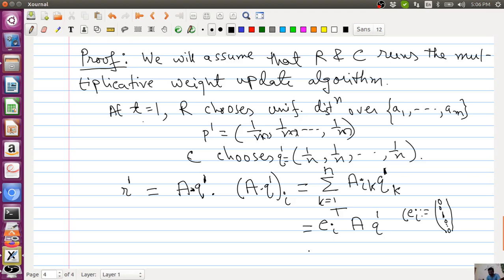So this basically is equal to, in the minimax game that we were considering, the payoff of the row player if the row player plays the pure strategy a_i, small r of i, and the column player plays the mixed strategy Q1. Let's verify this.